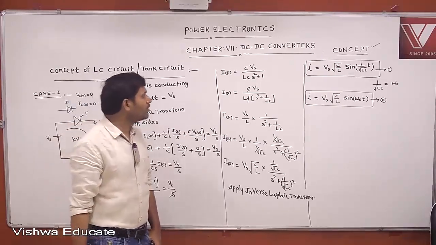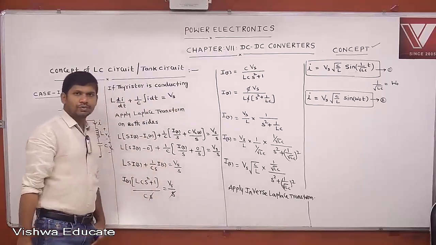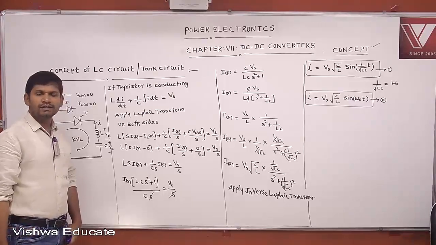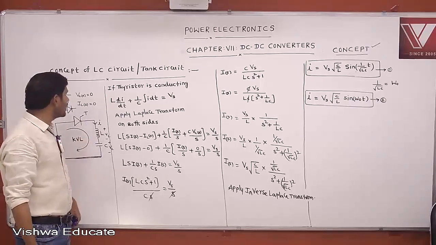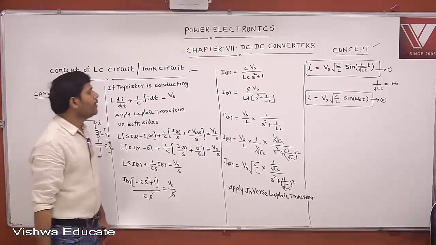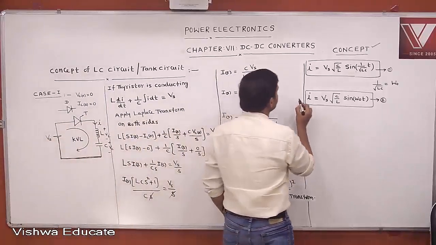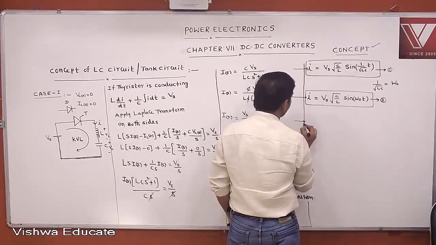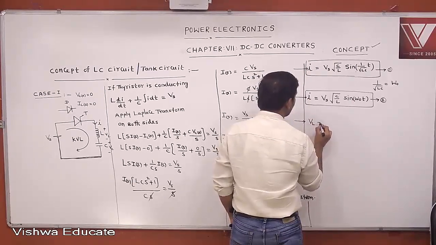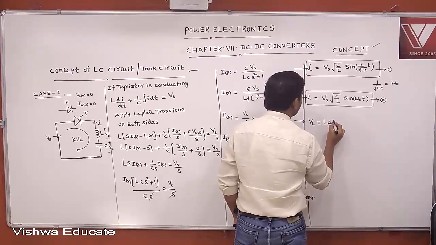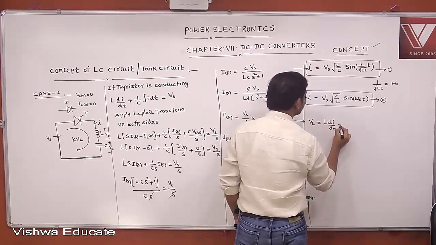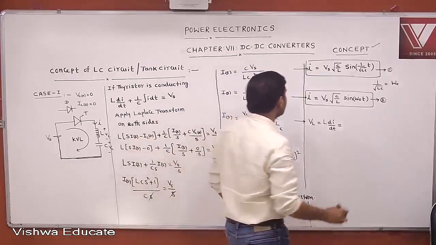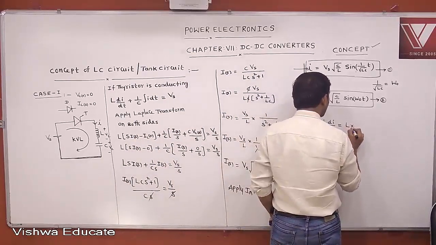Okay, this is the expression for current in LC circuit with supply voltage Vs without any initial conditions. That is, the initial voltage across the capacitor is 0 and the initial current in the inductor is also 0. Once you know the expression for current, now I want to find the expression for voltage across the inductor. VL equal to L into di by dt.